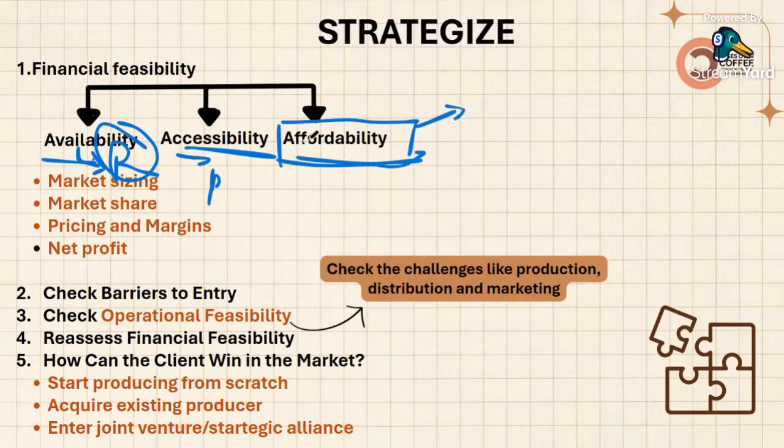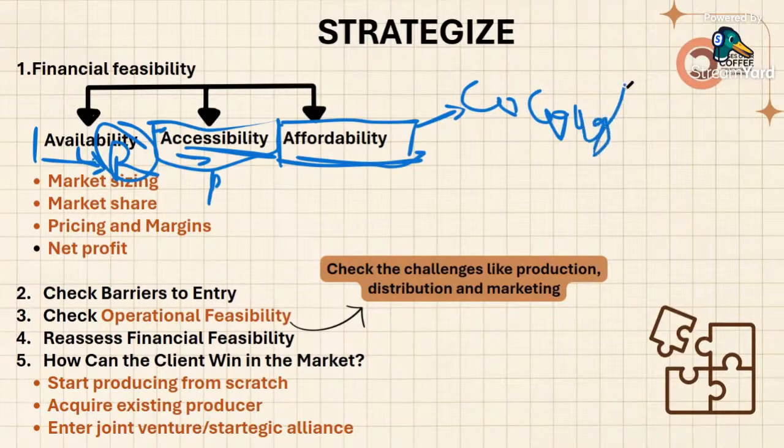Then we have accessibility. Although the product is available in the market and affordable to the target audience, is the product accessible to them or not? There are certain industries regulated by the government, so although they have a product, it cannot be accessible to the target audience. For example, let's say an Indian pharmaceutical company makes cough syrup.